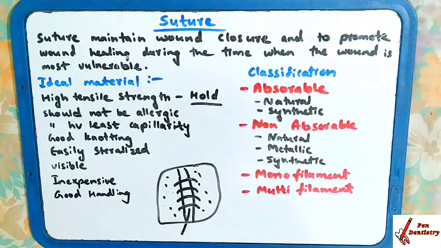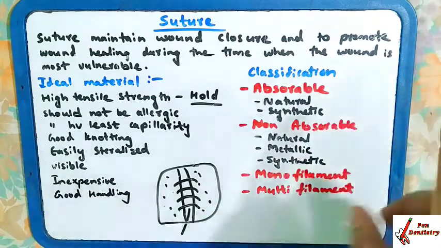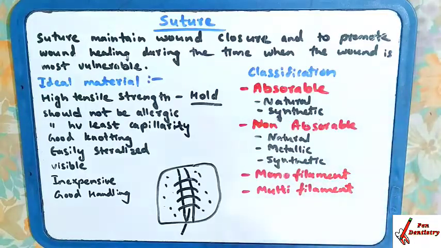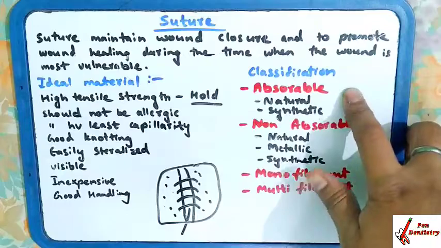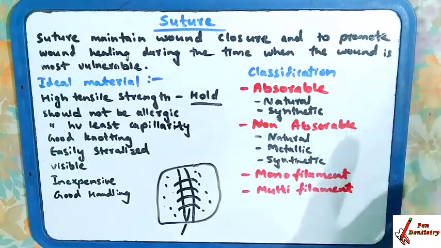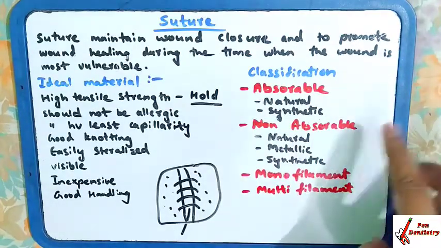Now the classification: how is the suture classified? The suture is classified according to absorbable and non-absorbable, and monofilament and multifilament.